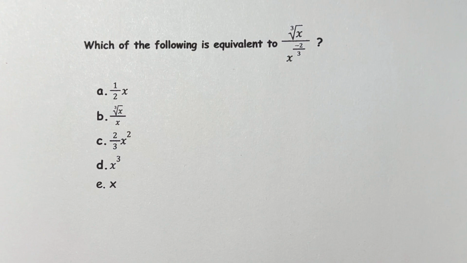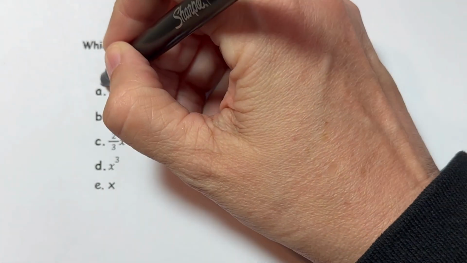Well, in the problem, other than exponents, there's really no numbers. So how can a 1/2 and a 2/3 end up there when we're not even using any numbers in the problem other than for exponents? So I would throw those out.